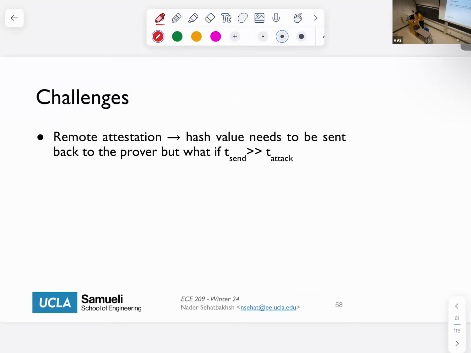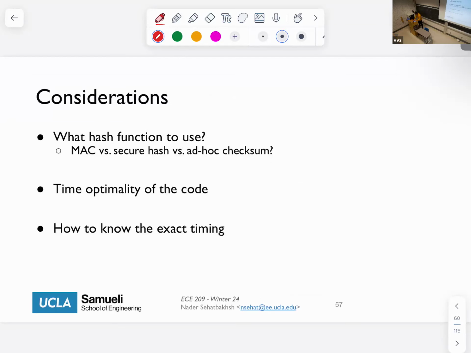Let's see what we want to do. Let's summarize what we have so far. So we want to only rely on software, right? And then, as I said, we want to not only just compute the hash, but we want to make sure that the process of hash computations was indeed followed correctly. So I need some evidence that this hash is computed correctly.